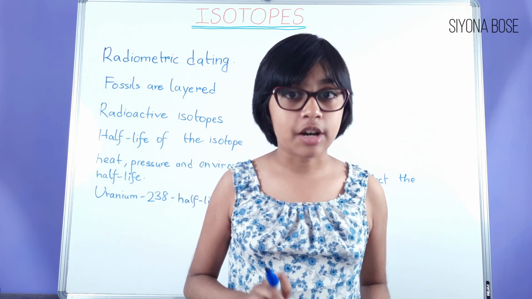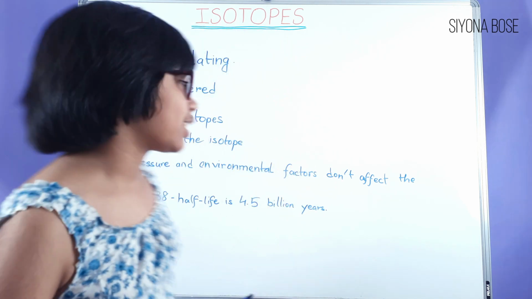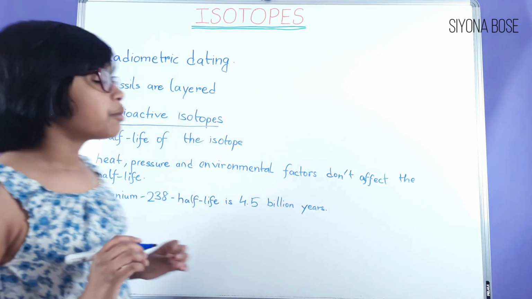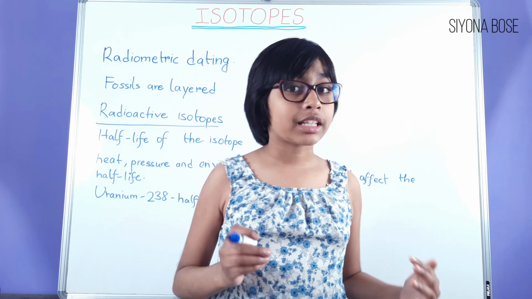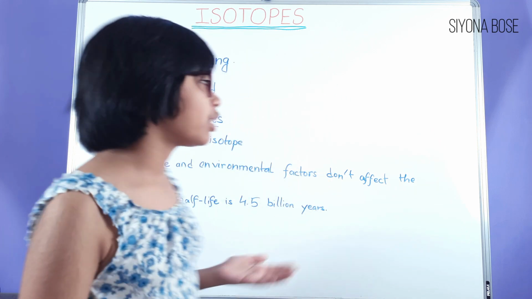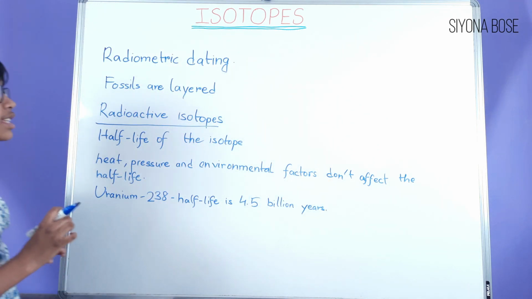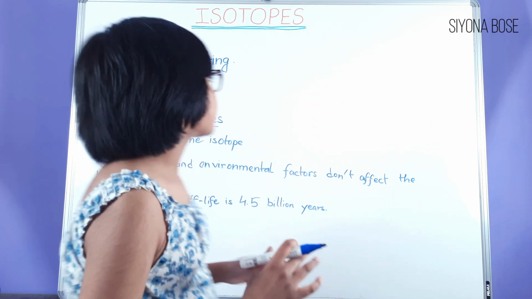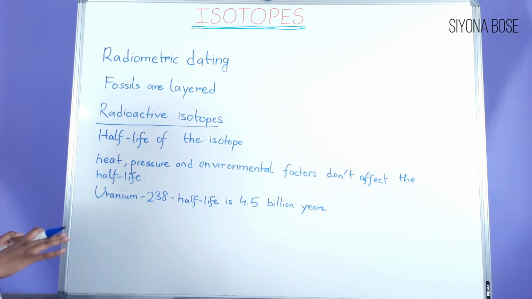From the previous episode and this episode, we can understand that radioactive isotopes make a great contribution in most of our lives. For medical purposes, they were used in PET scanners to check the metabolism. They can be used as radioactive tracers, and radiometric dating is almost the same thing.